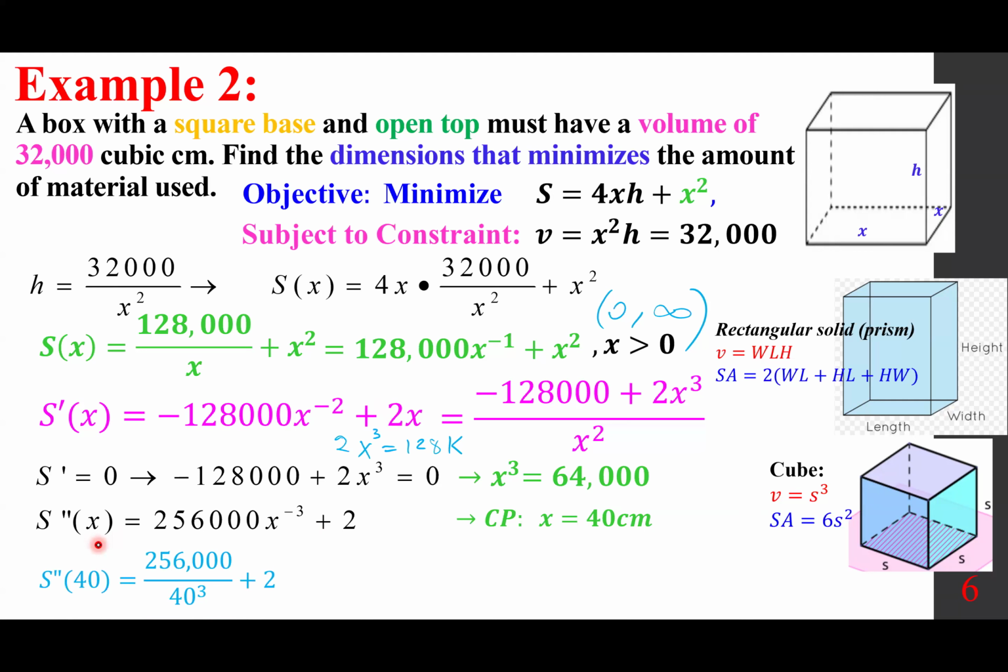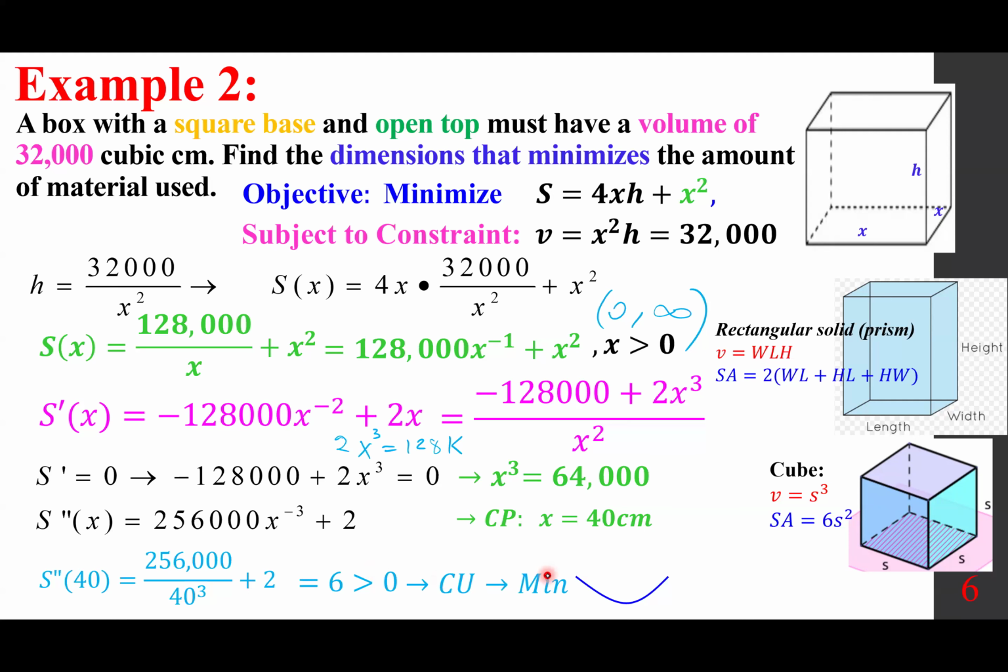You don't even have to come up with the answer to realize this is positive, plus 2 is even more positive. Positive means concave up. Concave up means minimum because it looks like that. So minimum occurs when x is 40. That's the proof using the second derivative test.